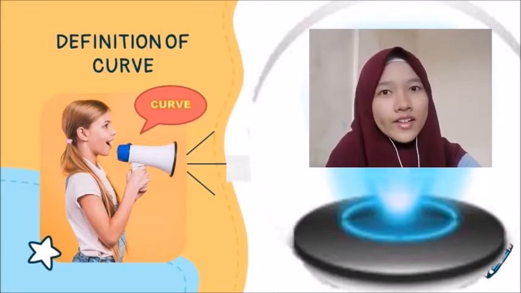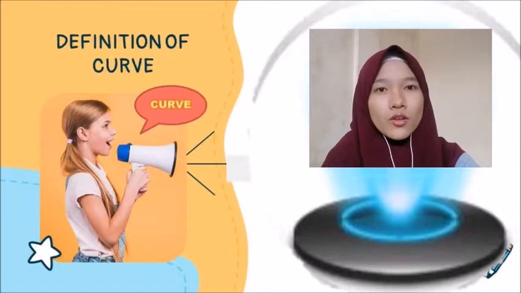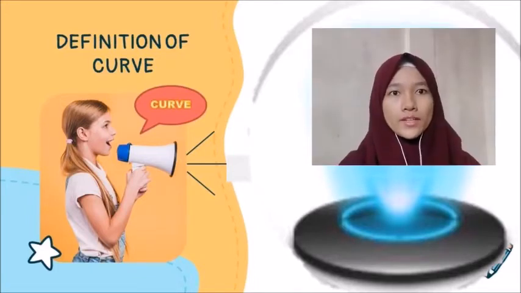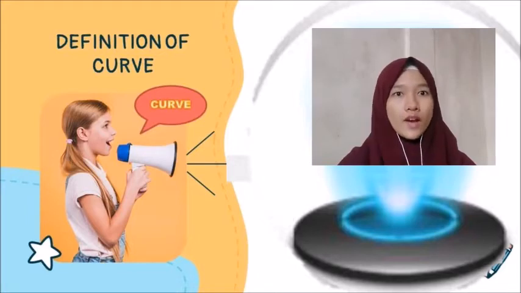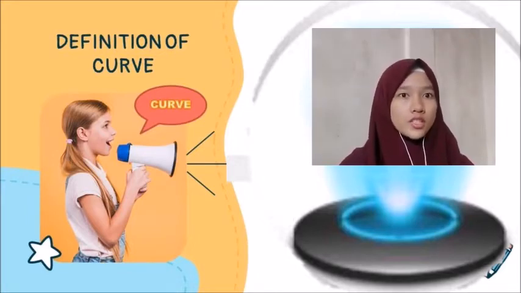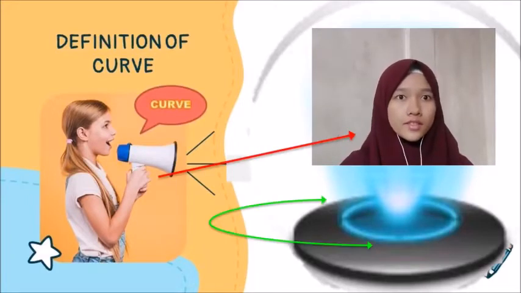Curve is a one-dimensional geometric shape that can be located in a plane or space. What is a one-dimensional shape? One-dimensional shapes are measured in only one direction. It is defined as a line. Examples of one-dimensional shapes are line and curve.